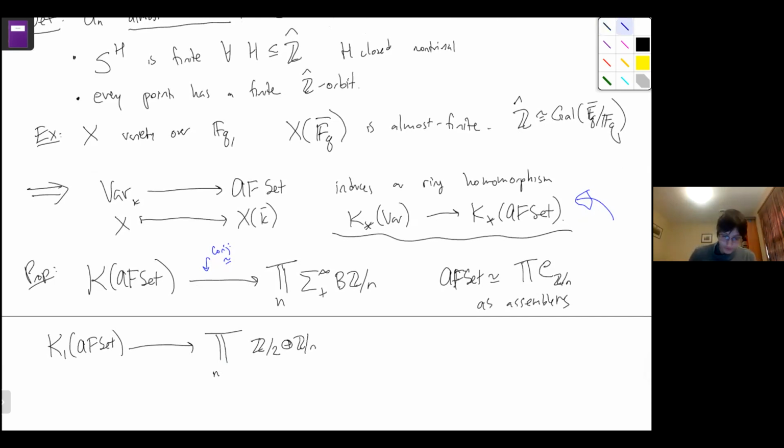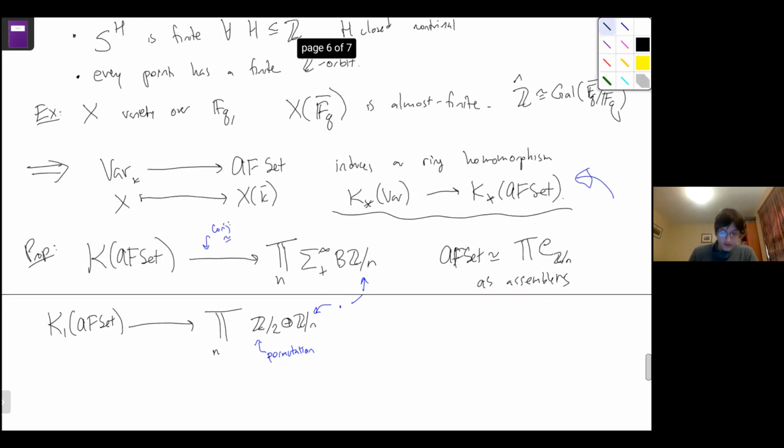And this Z mod 2 is the permutation component. And this Z mod n comes from there. And so you get this map and you can actually compute what this looks like on permutative elements versus non-permutative elements, because this map is not quite a ring homomorphism, but ring homomorphism enough that you can figure out what happens to permutative elements.